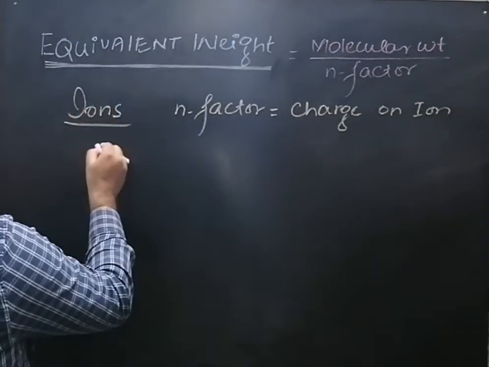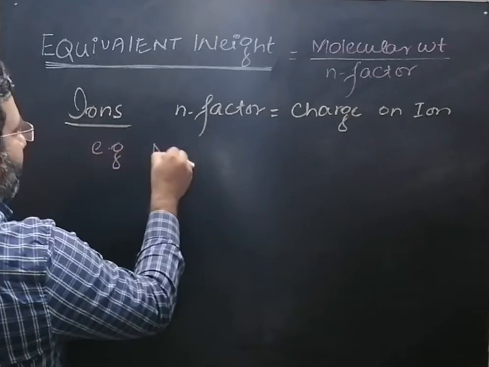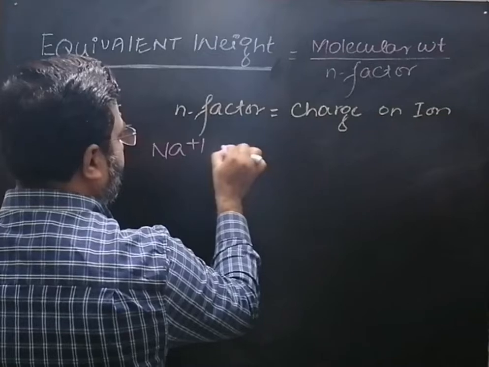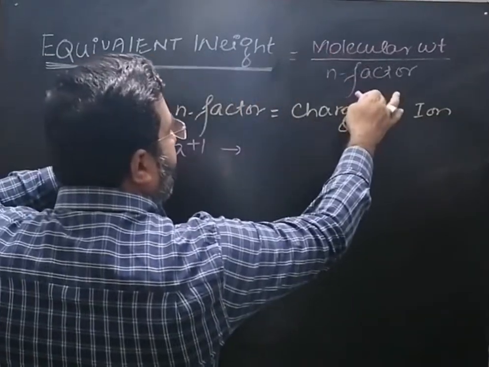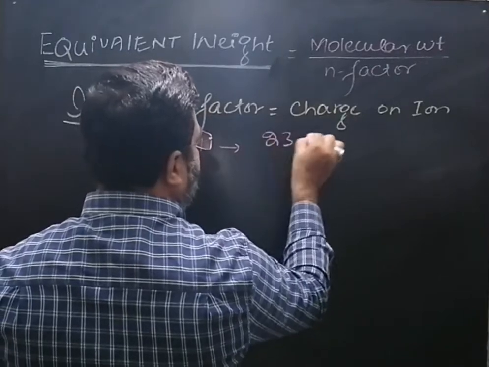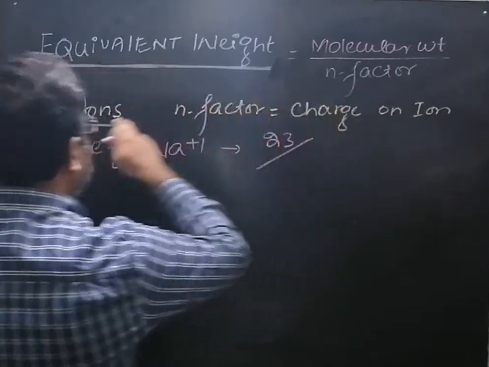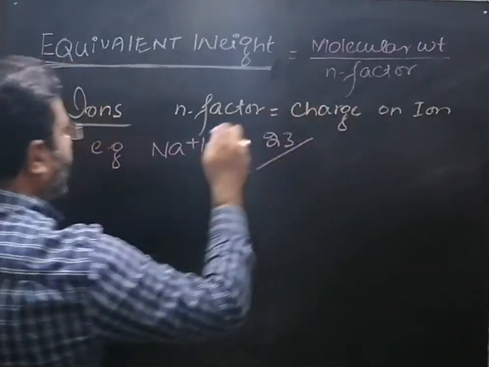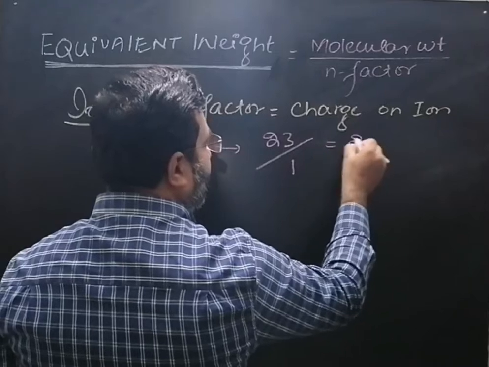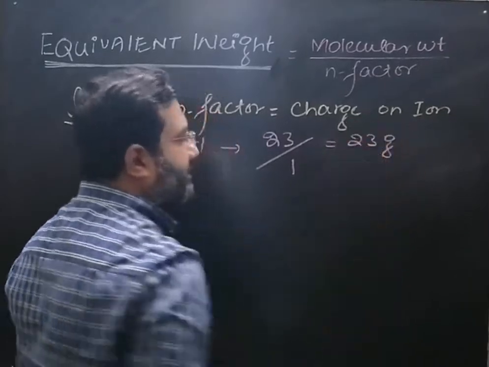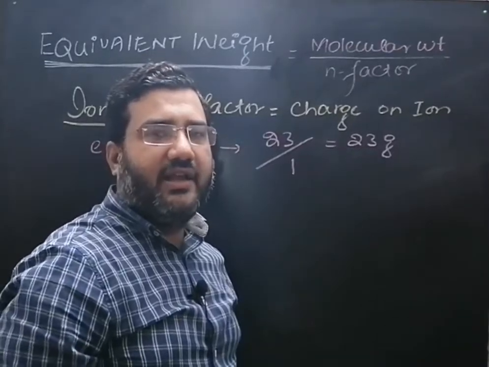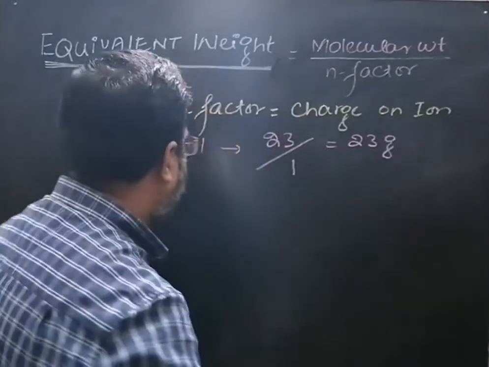For example, if we have the sodium plus 1 ion, what will be its equivalent weight? Equivalent weight is equal to molecular weight divided by n factor. The molecular weight of sodium is 23. The n factor in case of an ion is equal to the charge on the ion, and the charge on sodium is plus 1. So that will be 23 divided by 1, which is 23 grams. So 23 grams, or 23, will be the equivalent weight of sodium.